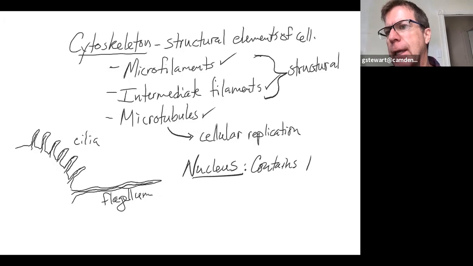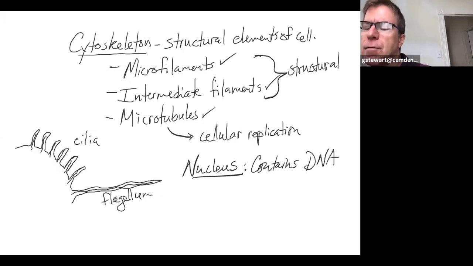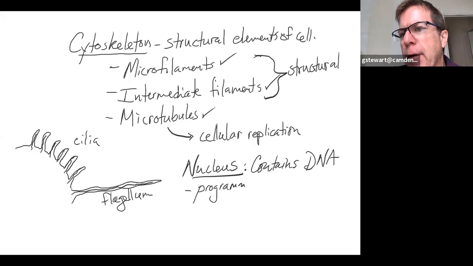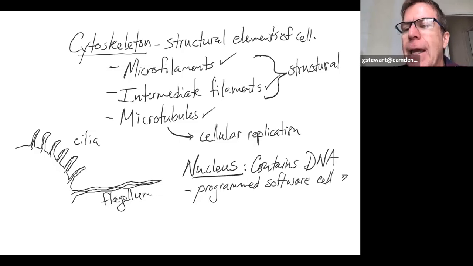of all cells contains the genetic material DNA, deoxyribonucleic acid. This is the programmed software of the cell, which basically dictates all the functions in the human body.